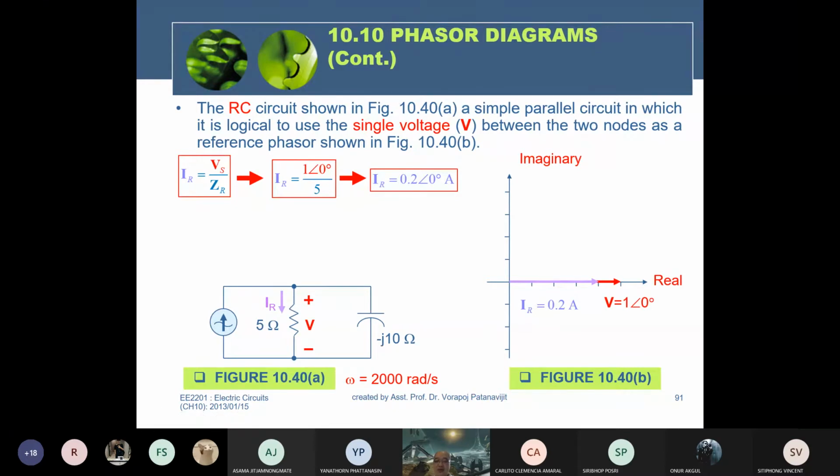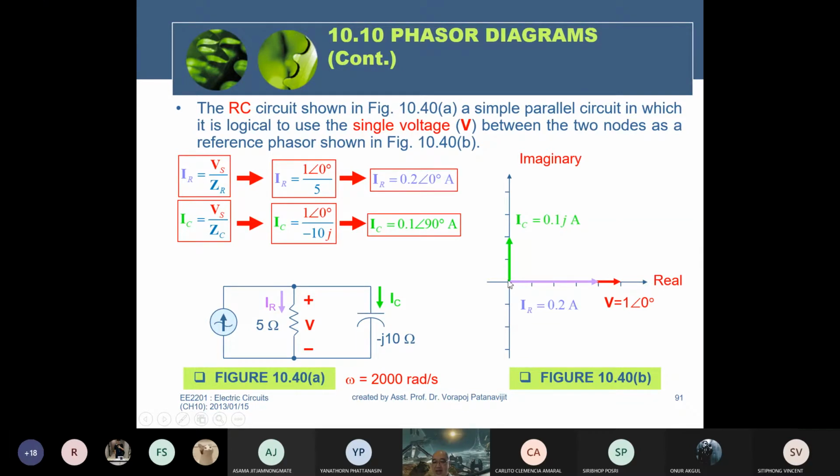For IC, it equals Vs divided by minus 10j, so IC equals 1 at 0 degrees divided by minus 10j. Now IC is here, IR is here.